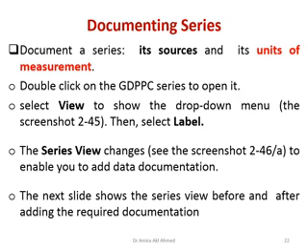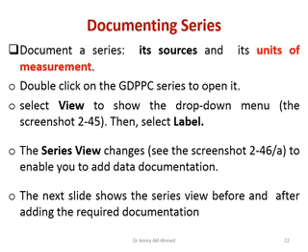To open the GDPPC series, double-click on this series. From the series toolbar, select View to show the drop-down menu that is depicted in the screenshot 2.45. From this drop-down menu, select Label.